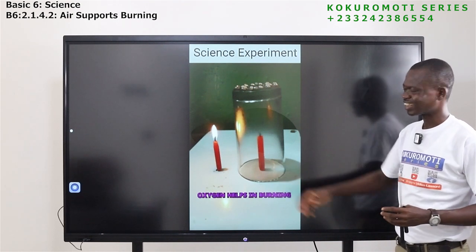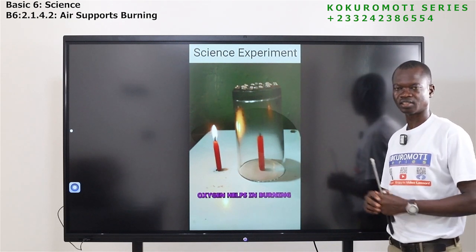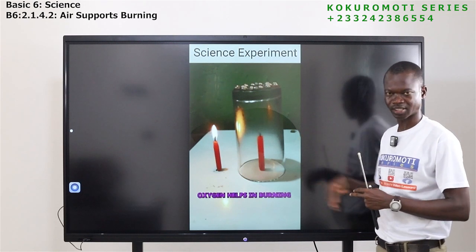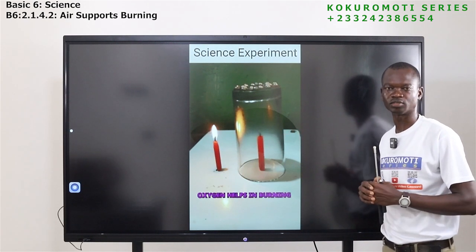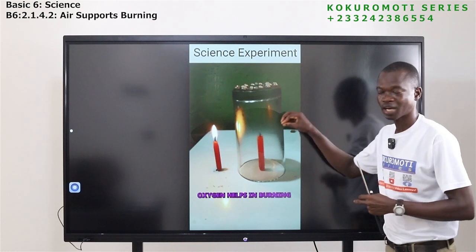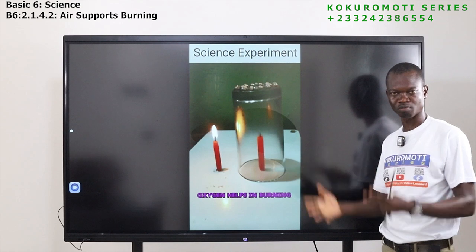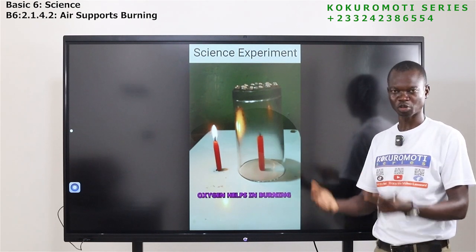The glass container doesn't allow air to go into where the fire is, in the container. It prevents air from entering it. And if there is no air, the effect is that burning will stop. If there is no air inside, burning will stop.